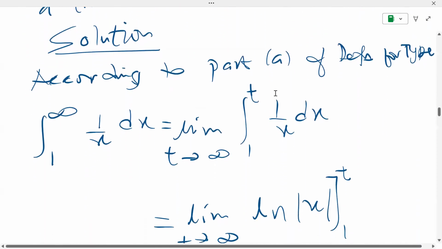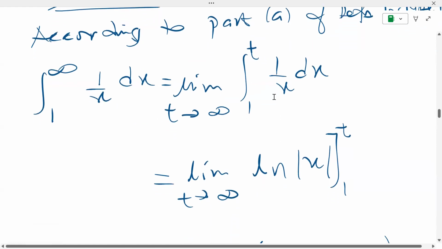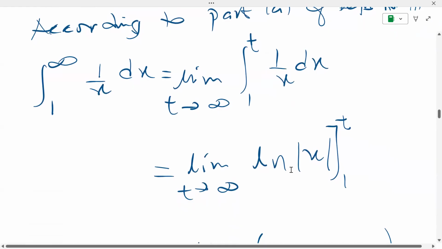According to part A of our definition, the integral running from 1 to infinity of 1 on x dx will give us the limit as t approaches infinity of the integral running from 1 to t of 1 on x dx. When we integrate 1 on x, we shall get ln of the modulus of x, with the lower limit 1 and the upper limit t, as t approaches infinity.